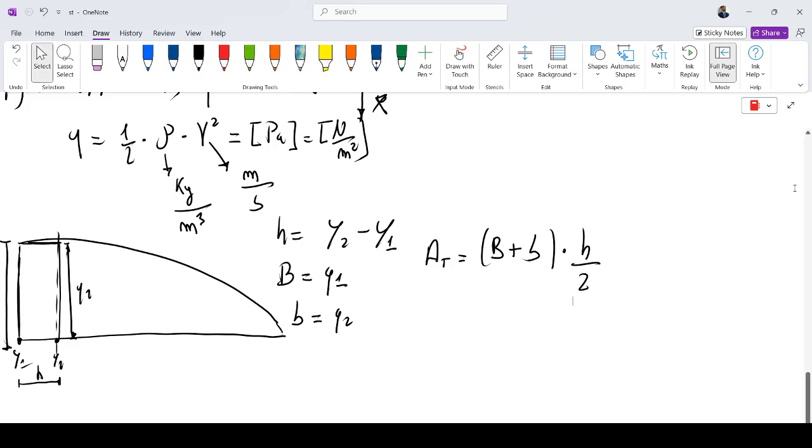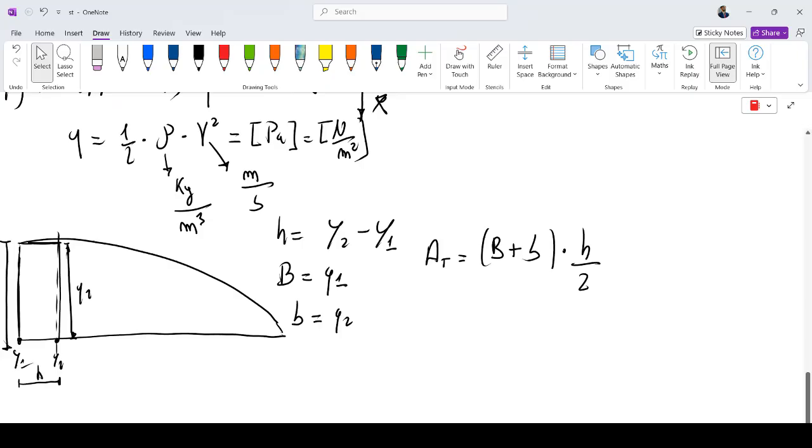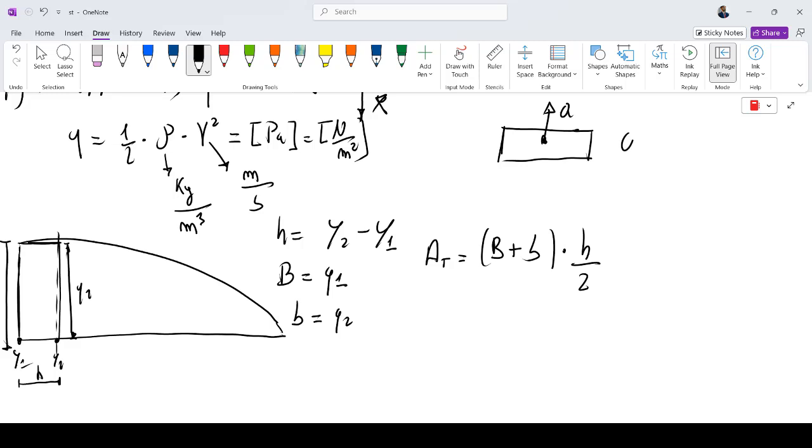And this is exactly this. So we obtain the local load as this approximation, because we have seen before that if we have a rectangular shape, the lumped load Q is equal to q lowercase times L, where L is this.